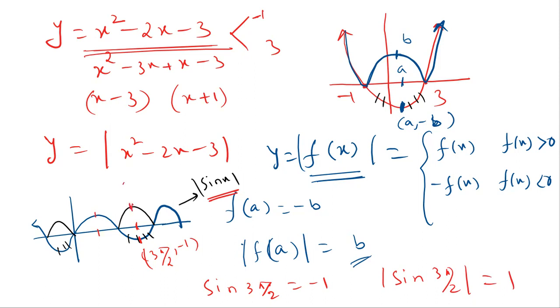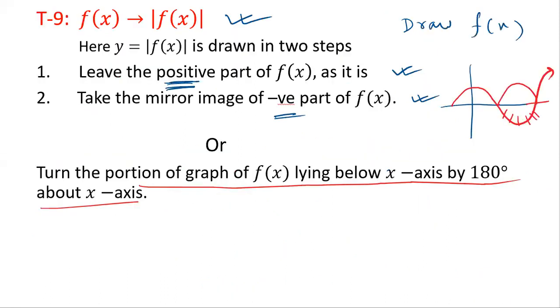This will become 3 pi by 2 comma 1. So you should remember one key point: if you are applying mod on the output, you should take the reflection about the x-axis, as I have told you previously.